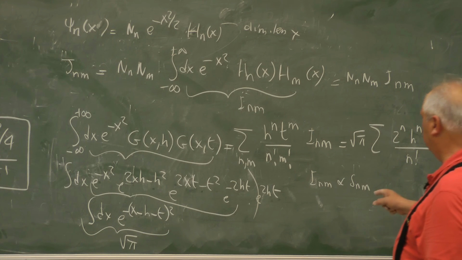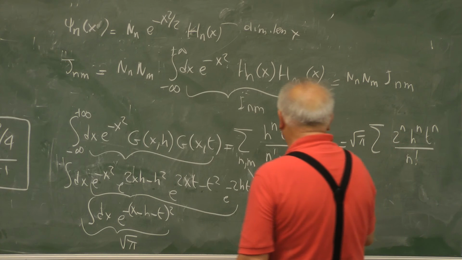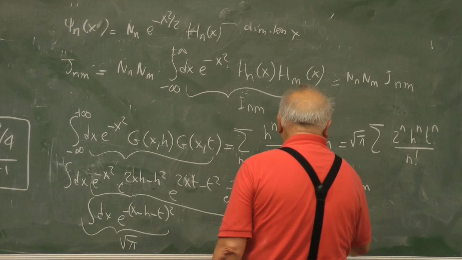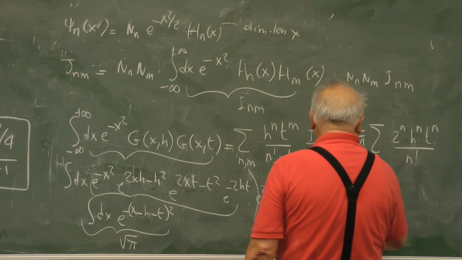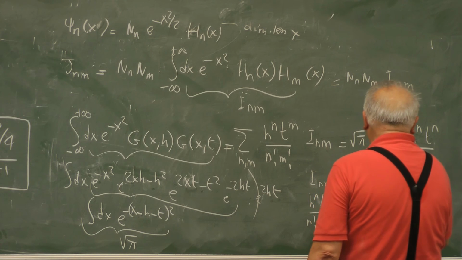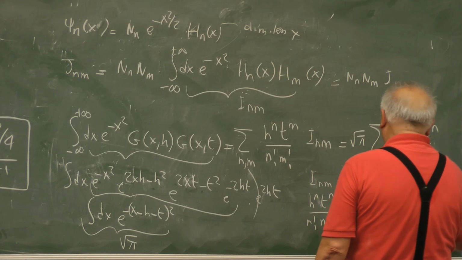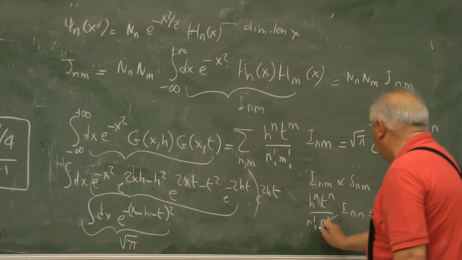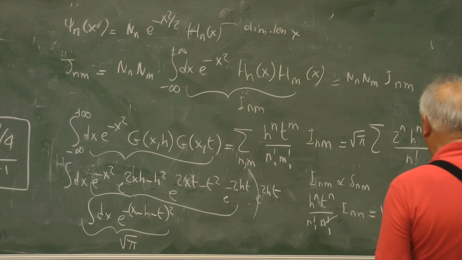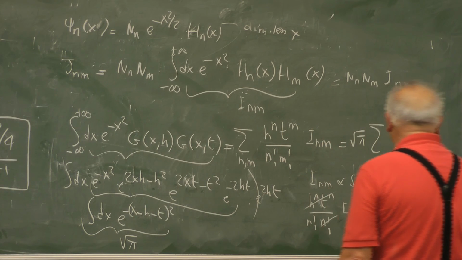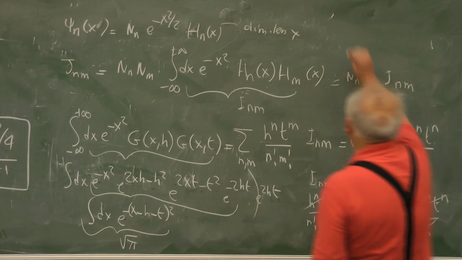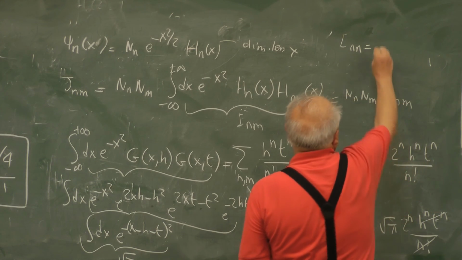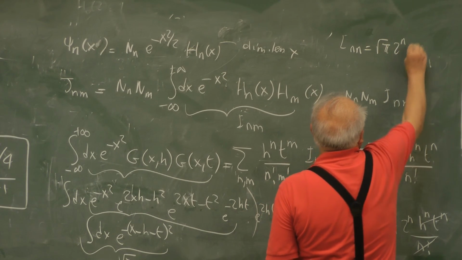Suppose the indices are equal, then I have I nn equals root pi 2 to the n, h to the n, t to the n over n factorial. So the n factorials cancel, h and t to the n go away. So I nn is equal to root pi 2 to the n, n factorial.